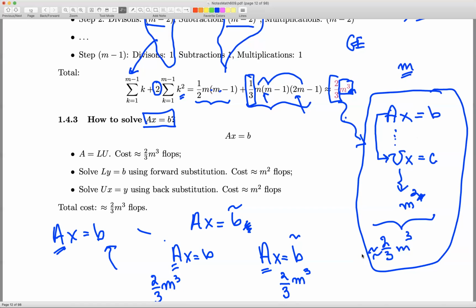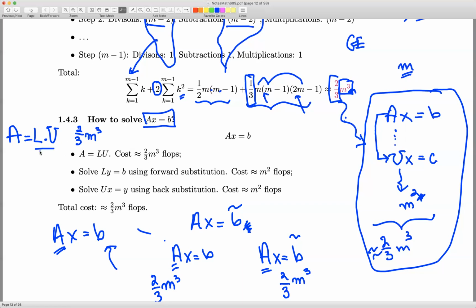Now, what you can do is the following. If the matrix A is not changing, once and for all, one can make the computation A is equal to L times U. So one can write the LU factorization of the matrix A. And that way, we will have a cost 2/3 times m to the third.